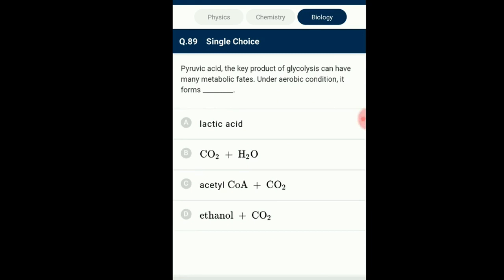Question number 89. Pyruvic acid, the key product of glycolysis, can have many metabolic fates. Under aerobic condition it forms. Respiration is the mechanism to break down food molecules to release energy in the form of ATP. During aerobic respiration, phosphorylation of ADP occurs, forming the energy currency molecule adenosine triphosphate. One of the steps of respiration is glycolysis, where the 6-carbon compound glucose is converted into the 3-carbon compound pyruvate.